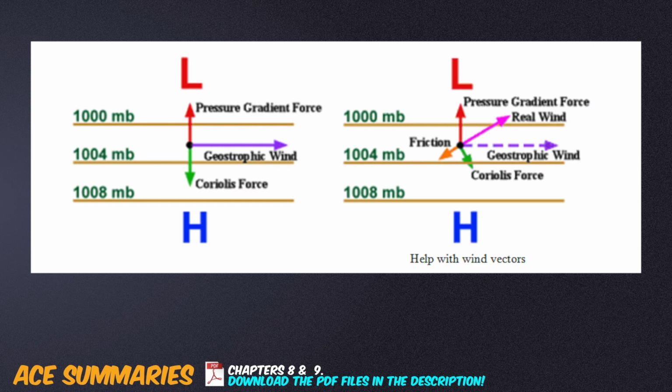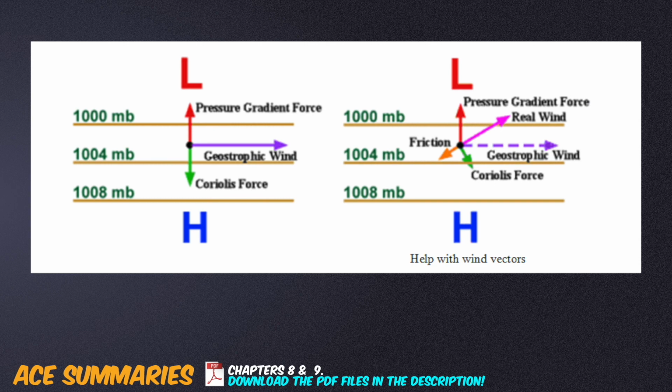Eventually, and usually 2,000 or more feet aloft, the pressure gradient force will balance with the Coriolis force. This creates what is known as a geostrophic wind, which is a wind that moves parallel to the isobars, in which situation we assume that the isobars are straight from east to west.